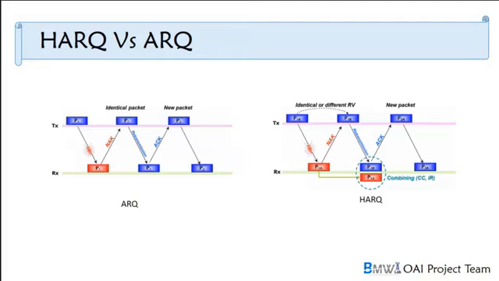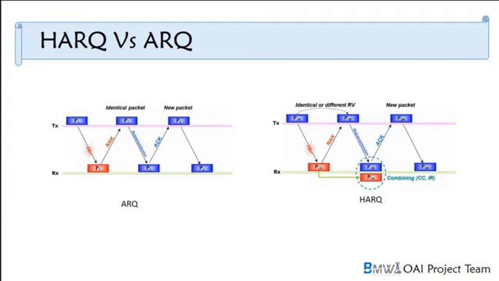the first part. But in HARQ, it will combine. It will be a combination of the first transmission and the second transmission. So if the first transmission is broken in the left part, it will keep the right part, the correct one, and ask the transmitter to send the picture again.